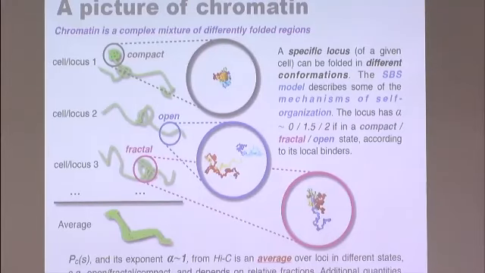Chromatin is a complex mixture of differently folded regions. With the Hi-C methods, usually you access averages across genomic loci, across different cells, and so on. So chromatin is likely instead, the data point to the direction that chromatin is a complex mixture of differently folded regions. And you may have a given locus which is in a compact state, another which is in an open and theta point fractal maybe.